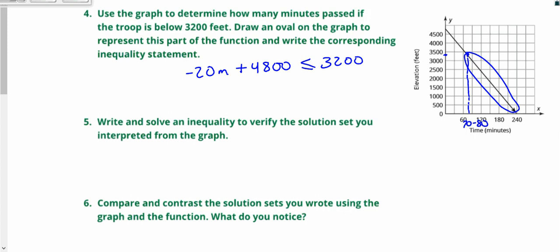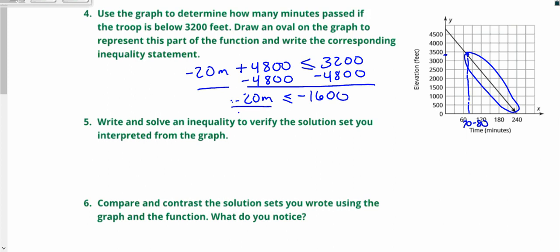So another way we can do it is to actually solve the inequality. Negative 20m plus 4,800 is less than or equal to 3,200. Let's subtract 4,800 from both sides. We get negative 20m is less than or equal to 3,200 minus 4,800, which gives me negative 1,600.